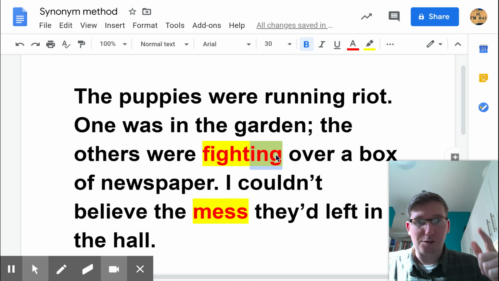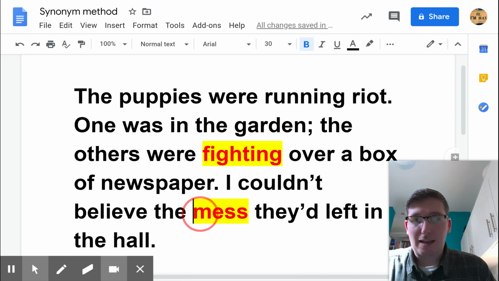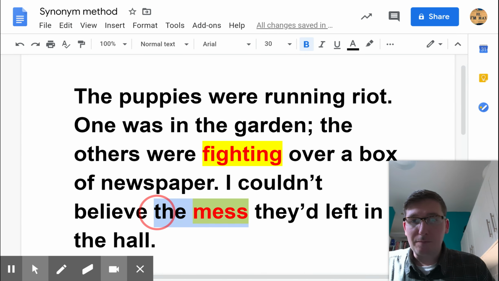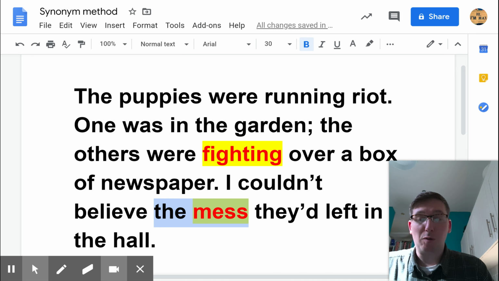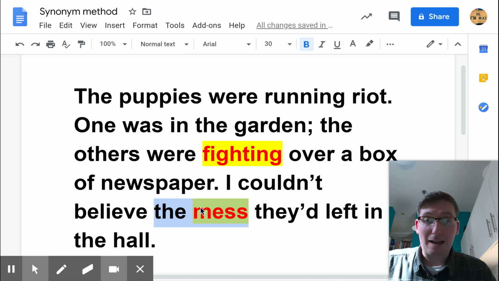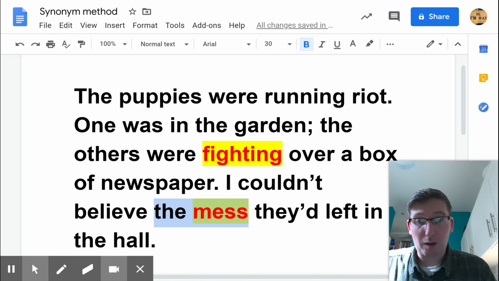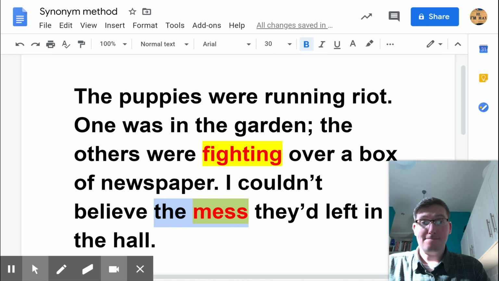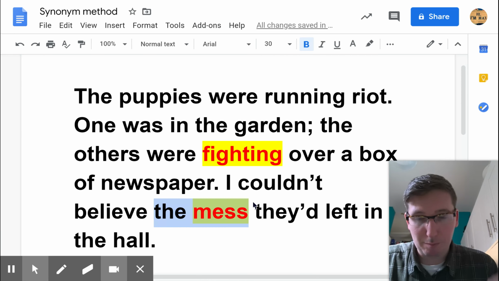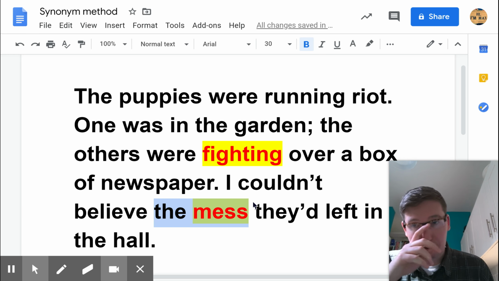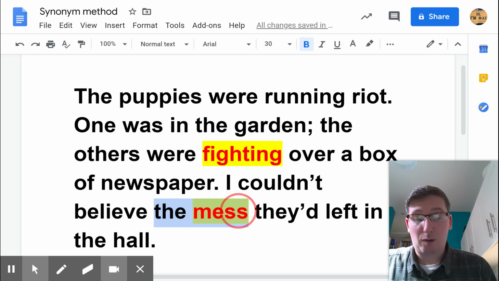Yeah, well done. I heard you there. And likewise, I couldn't believe the mess. We've got mess, and it's got the written before it. So most words that have got the or a before, you can work out it is actually a noun. Yeah, brilliant. So in this case, a common noun. It's not capitalized, and you can work out what it is.